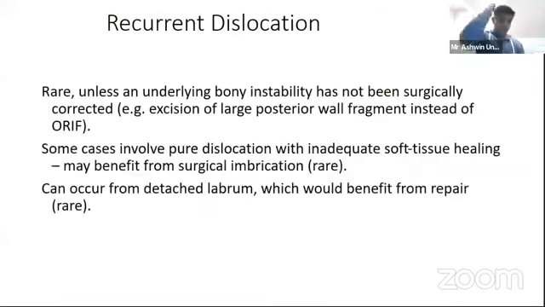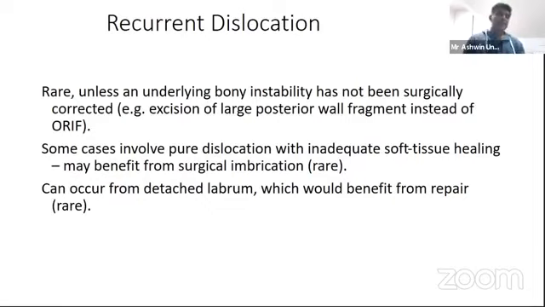Now, recurrent dislocation, this is rare. I personally don't have a lot of experience with that. I might have seen 1 or 2 in Ehlers-Danlos syndrome, but not a lot. I can't say a lot about this because I have not seen it on a regular basis.